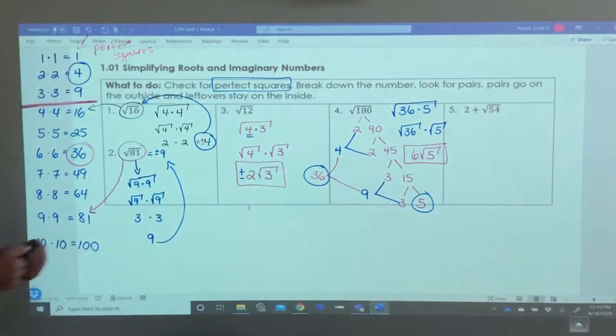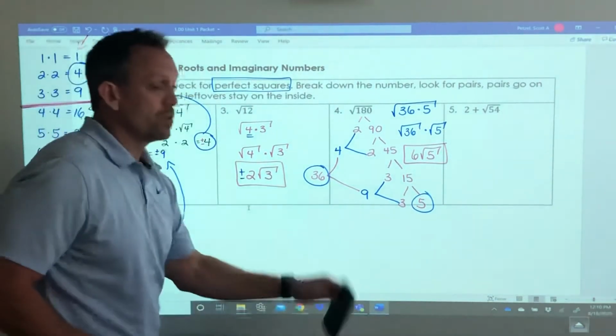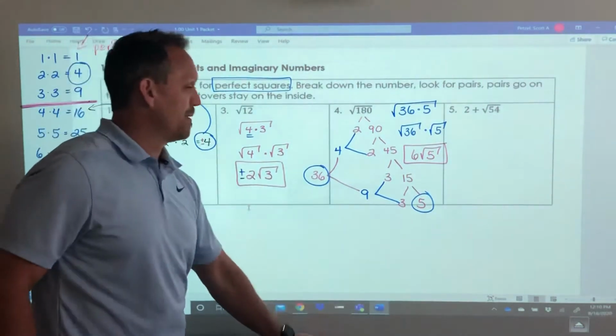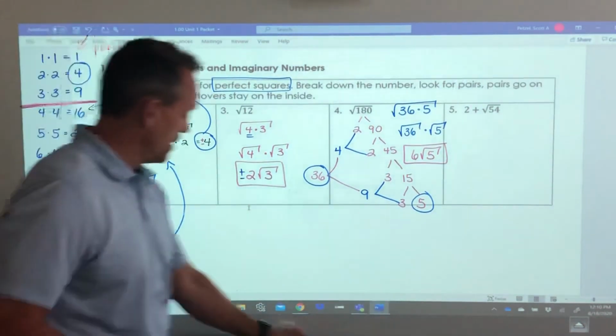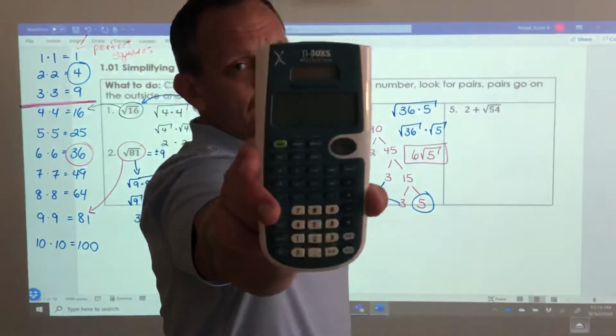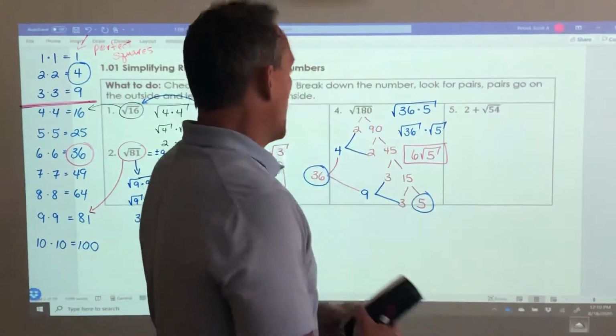And there's your answer. It may take some of you guys some time to break that apart, or you could use a calculator. You're at home. This calculator here is the money one. This is the one you want. Does a lot of stuff for you.